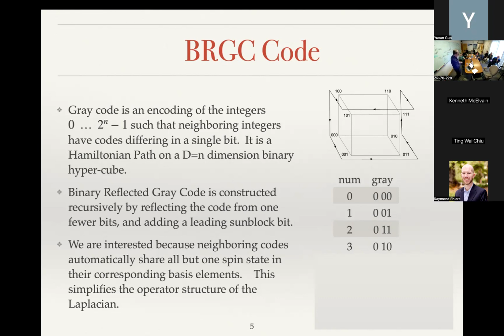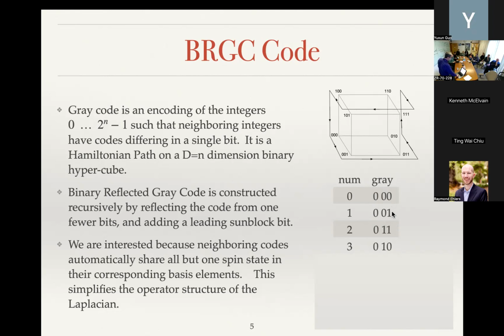So Gray code is a binary code. Notice this is the number I want to represent, and the thing to the right is the code I'm going to use to represent that number. You can see it goes 0, then binary 1, and then why did I use 3, and then back to 2?